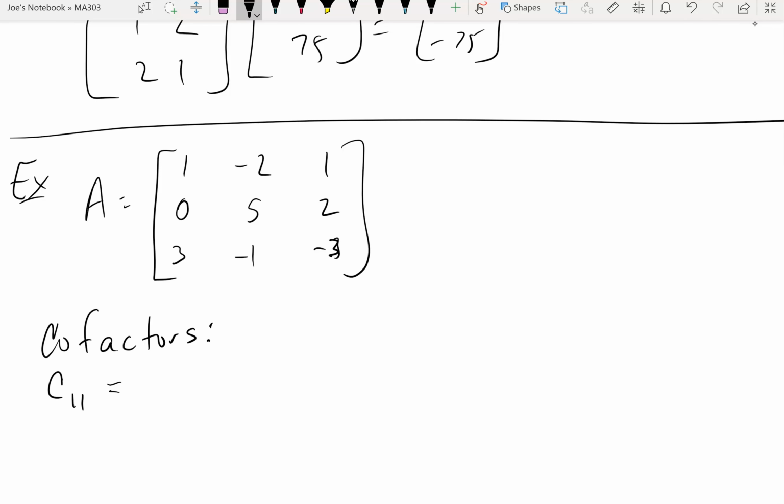How we get that cofactor is, okay, we take row 1, column 1, and get rid of it. So I eliminate this row and that column, and I write down the matrix that's left. And I'm going to take the determinant of it. So this, without the determinant bars, this actual matrix here, is referred to as a minor.